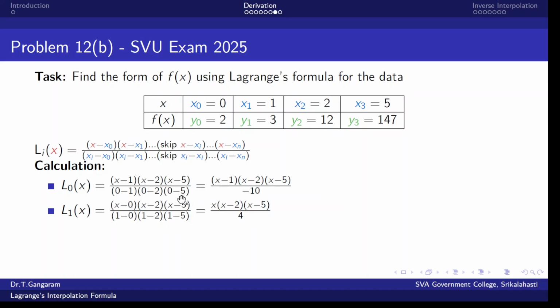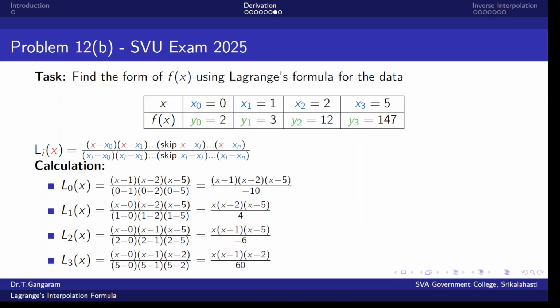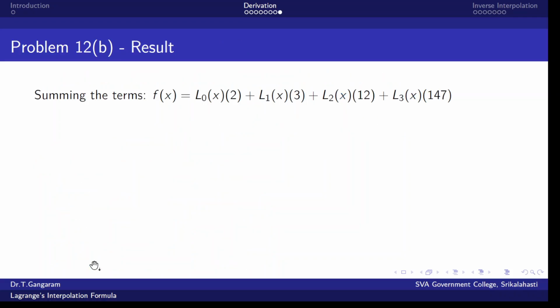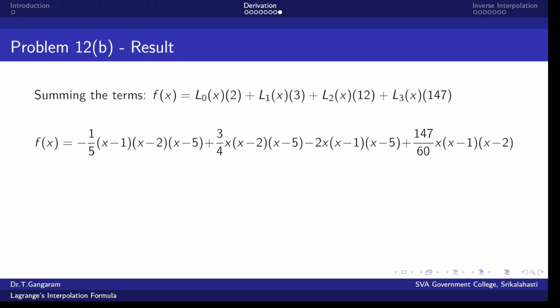Like that, L1 of x, L2 of x and L3 of x. We need to multiply L0, L1, L2, L3 with the corresponding y0, y1, y2 and y3, where y0 is equal to 2, y1 is equal to 3, y2 is equal to 12, y3 is equal to 147, and sum the terms.